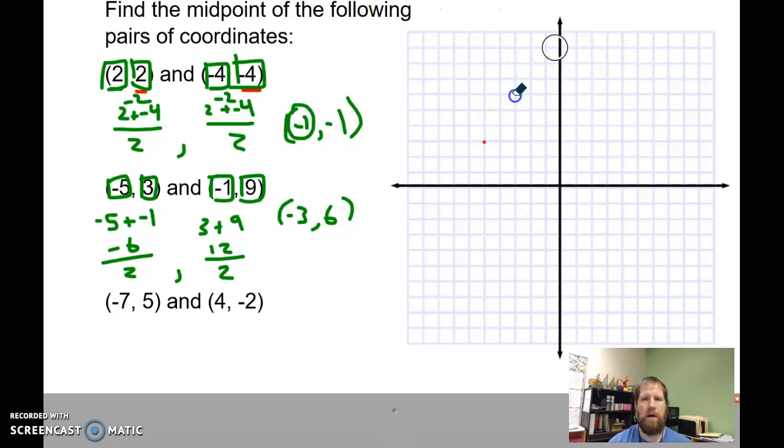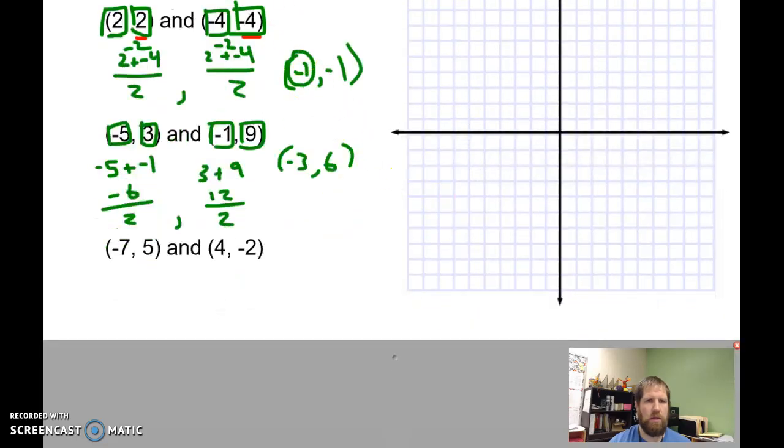Okay. All right, now we'll look at this one where I've got odd numbers and even numbers. Okay, odd coordinates and even coordinates. That means that I'm going to come up with not whole integer values. I'm going to have decimals. So let's use the formula. Negative 7 plus 4, and I've got 5 plus a negative 2.